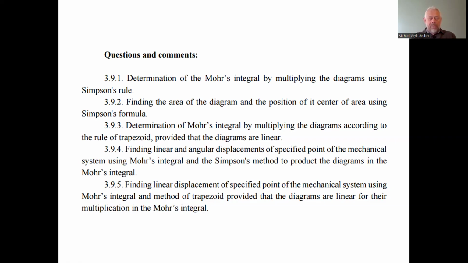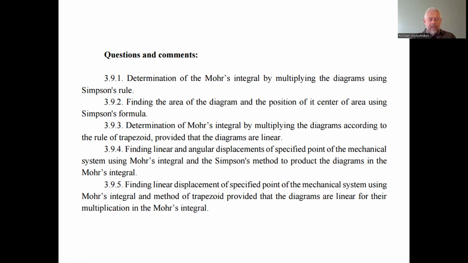Even if the diagrams are not trapezoids but twisted trapezoids, with sides of the trapezoid of other signs, or it could be a diagram of triangular shape, which is like a trapezoid with one of the sides equal to 0.